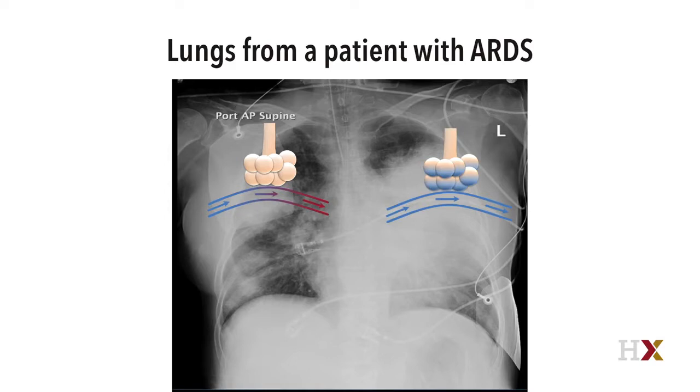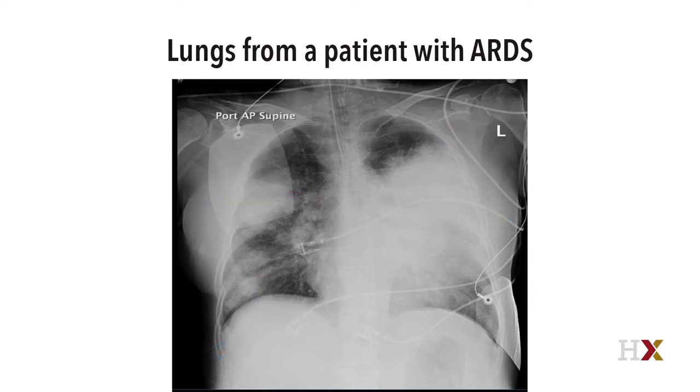And then you can imagine that there are parts at the bases that have atelectasis. While I have an example here of gross areas of normal, edematous, and atelectatic parts of the lung, recognize that in an individual patient, this will vary, and it often can happen on a more micro level as opposed to the macro level that I'm using here as an example.